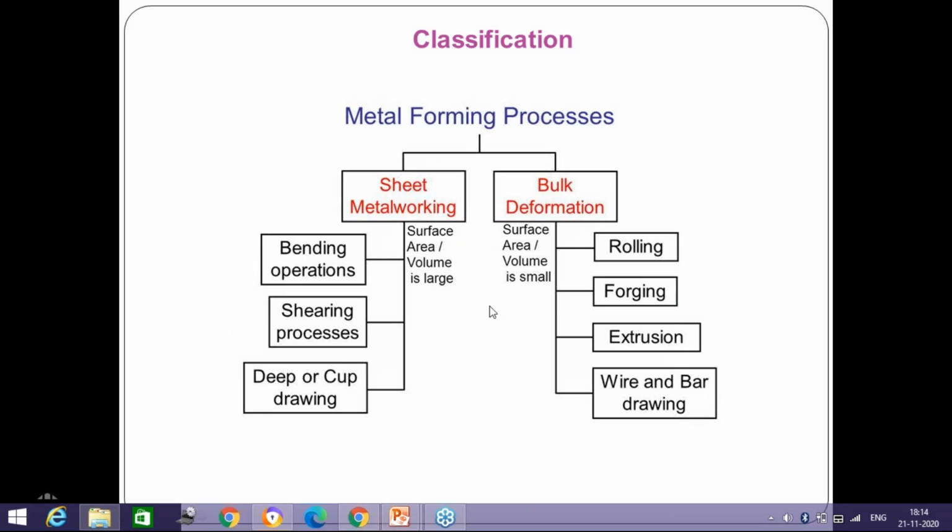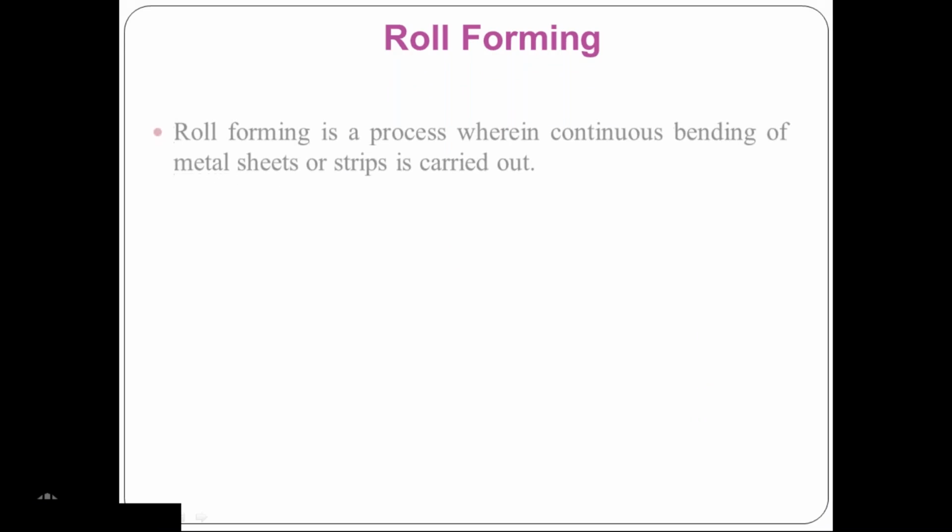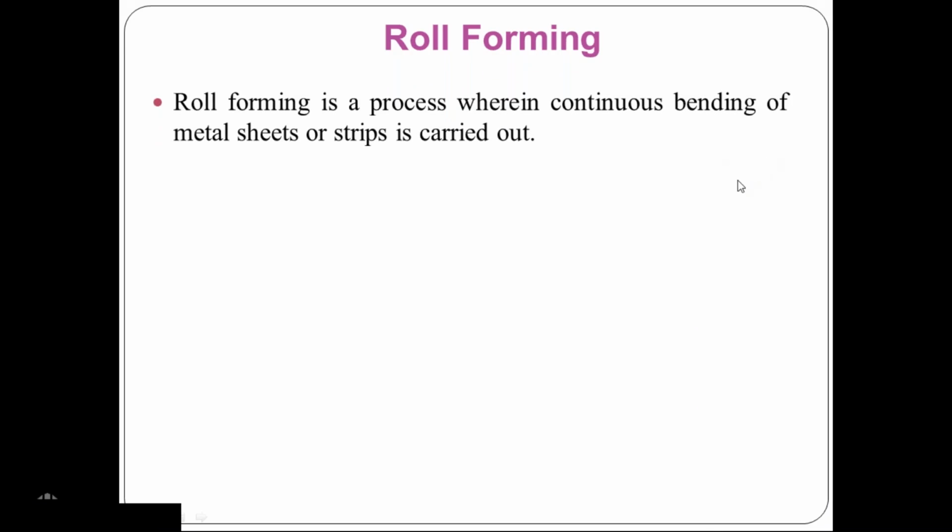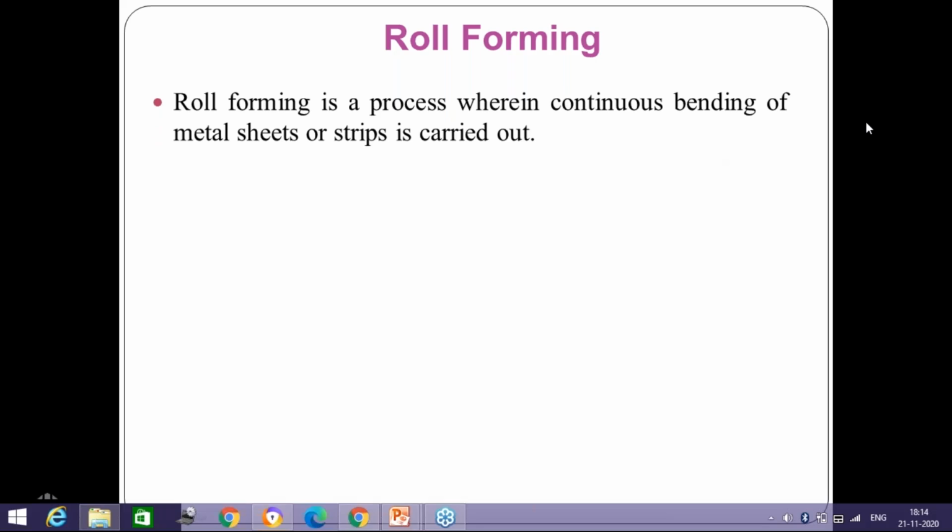Now we will come to know what is roll forming. Roll forming is a process wherein continuous bending of metal sheet or strips is carried out.